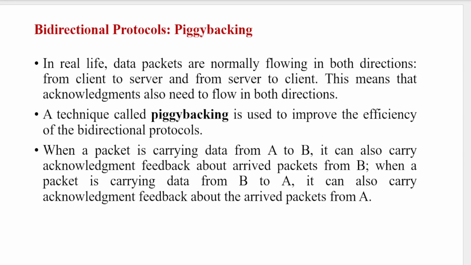In this bidirectional protocol, in this third point, you can see that when data is being carried from A to B, it can also carry some acknowledgement feedback which arrived from B. In the same way, when a packet is carrying data from B to A, it can also carry the acknowledgement feedback which arrived from A.